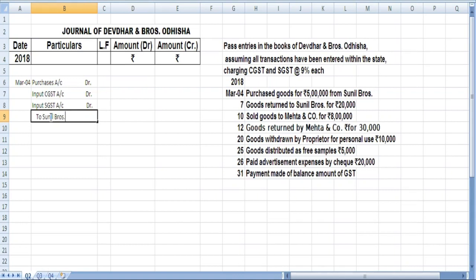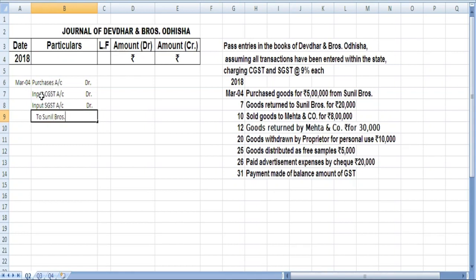Now normally when we were learning the journal entry, purchase used to be debit because according to the nominal account it is expense, and Sunil Brothers will be credited because Sunil Brothers' personal account is a giver. Now here we are levying the central GST and the state GST.